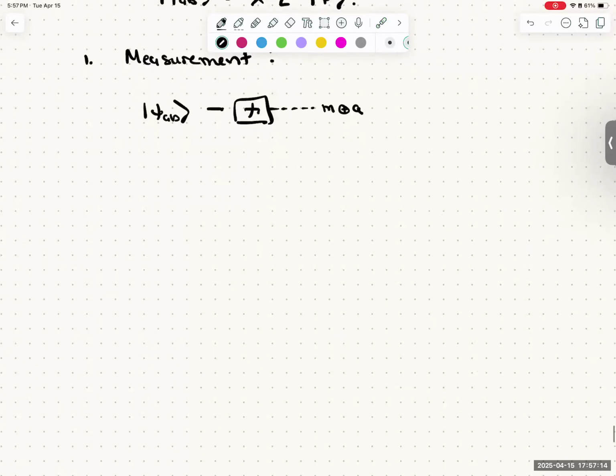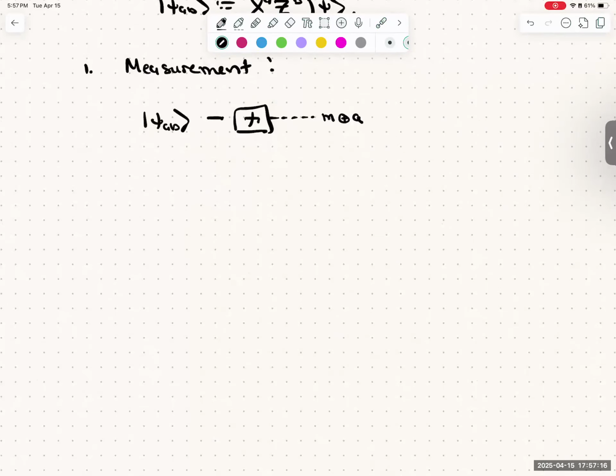So should the client tell the server to measure something, she knows how to actually undo the measurement outcome. So this is like the classical one-time pad.